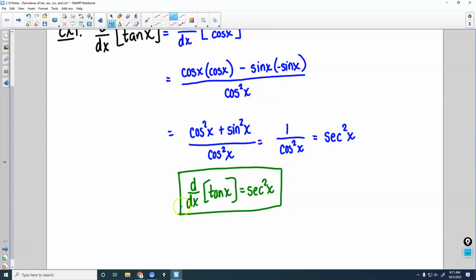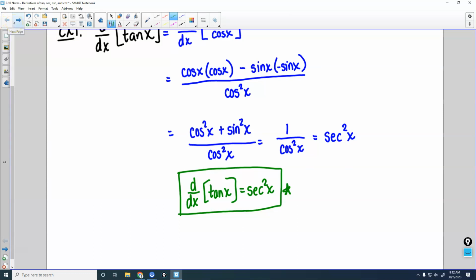And if you have that memorized, then you never have to do what we just did again. If you see something that asks you for the derivative of tangent, secant squared x is the answer.